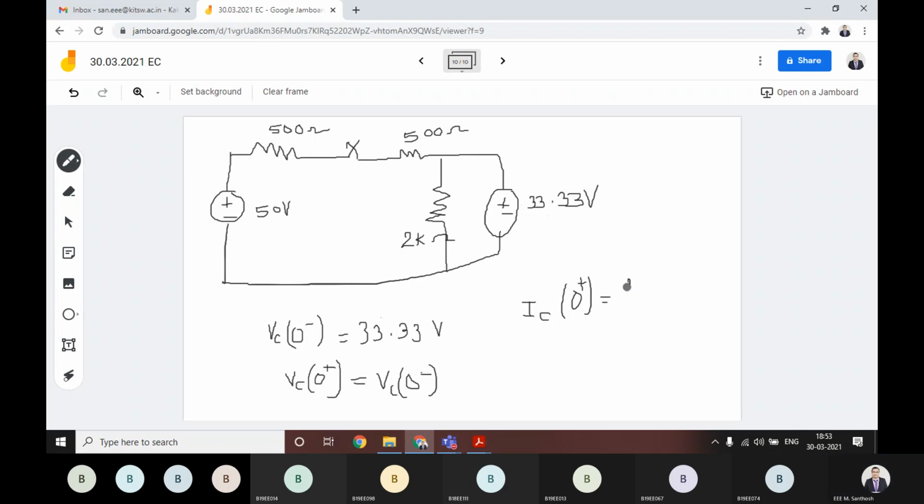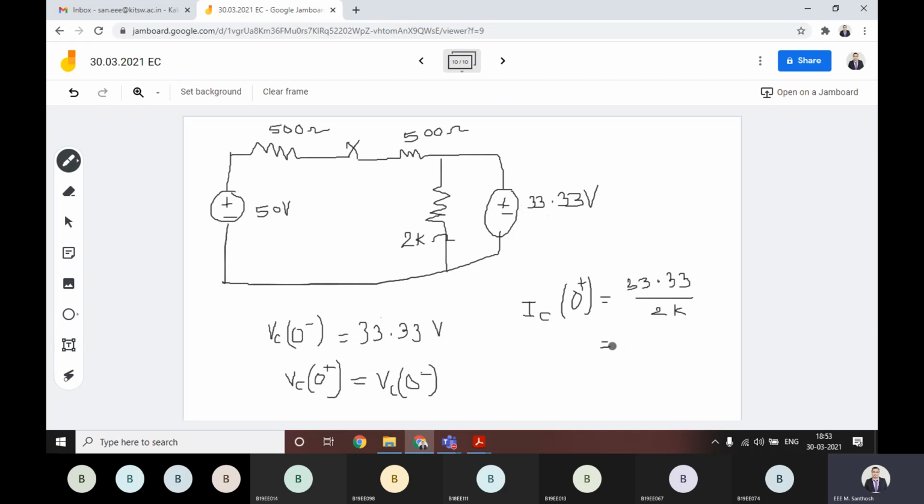Then you will get the current value. Current is voltage, 33.33 divided by the resistance. Since this is removed, there is no current flowing in this. You have only the 2k resistor existing.